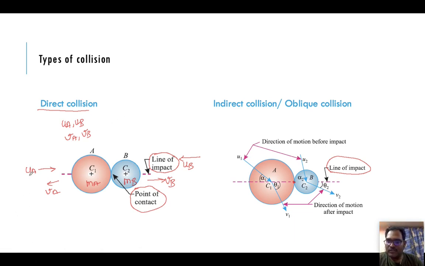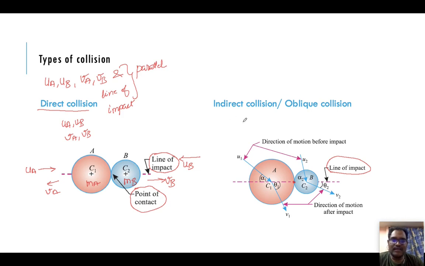If you look at the velocities UA, VA, UB and VB and your line of impact, everything will be parallel to each other. UA and UB are the initial velocities of A and B, VA and VB are the final velocities of A and B, and the line of impact, all these things will be parallel to each other.